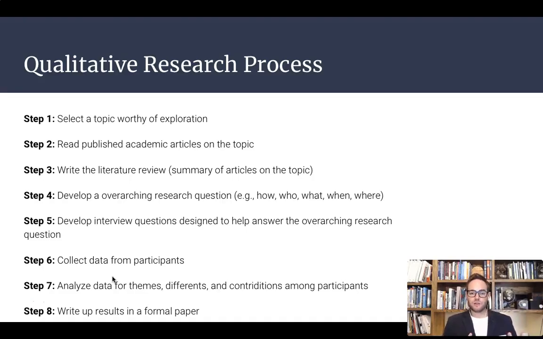Typically, we write out or transcribe the interview so that we have a printout, and we go in and highlight and try drawing connections between the responses. And then step 8, write up the results in a formal paper. So this is quite an extensive project if you do it in its entirety.